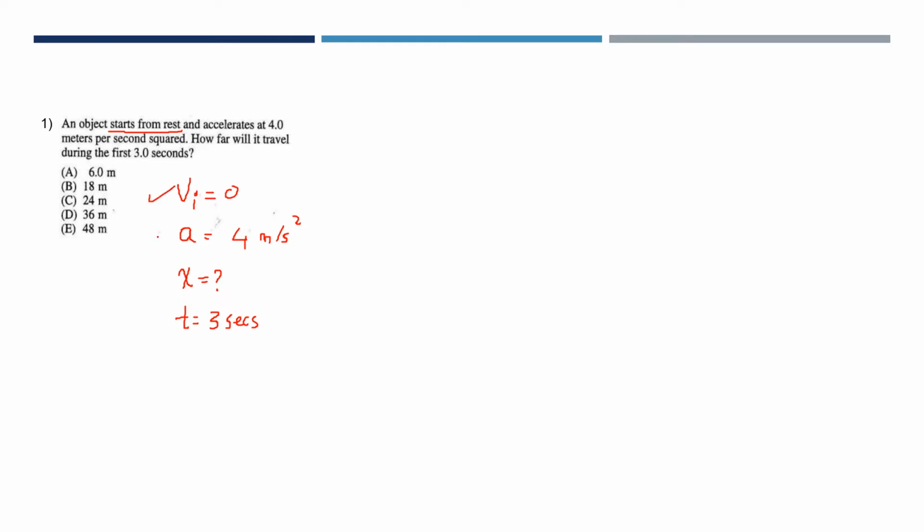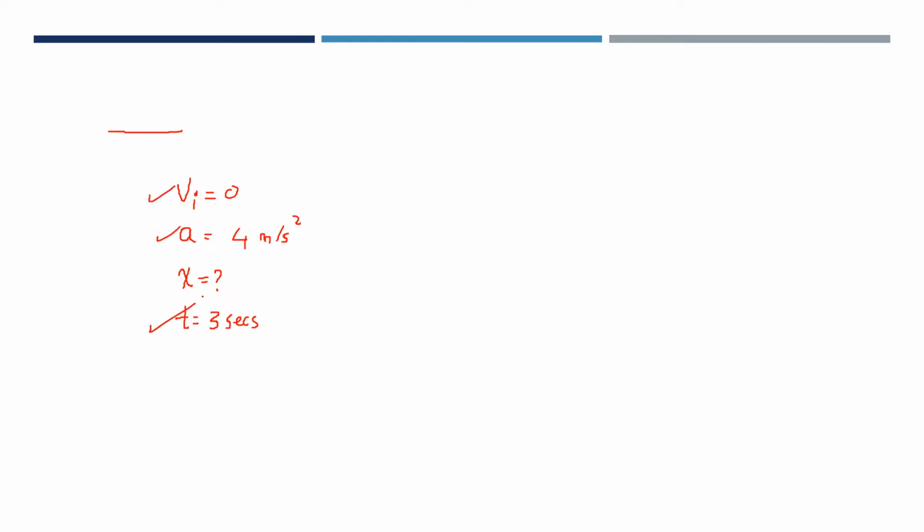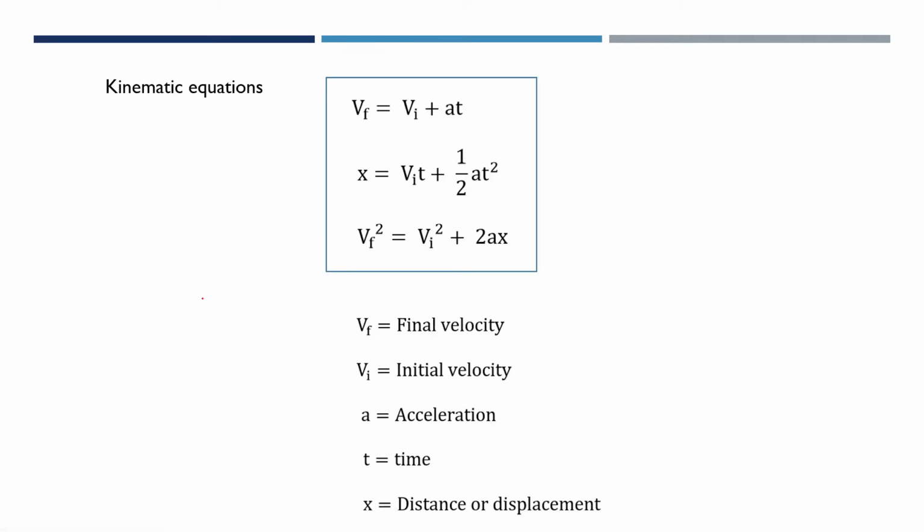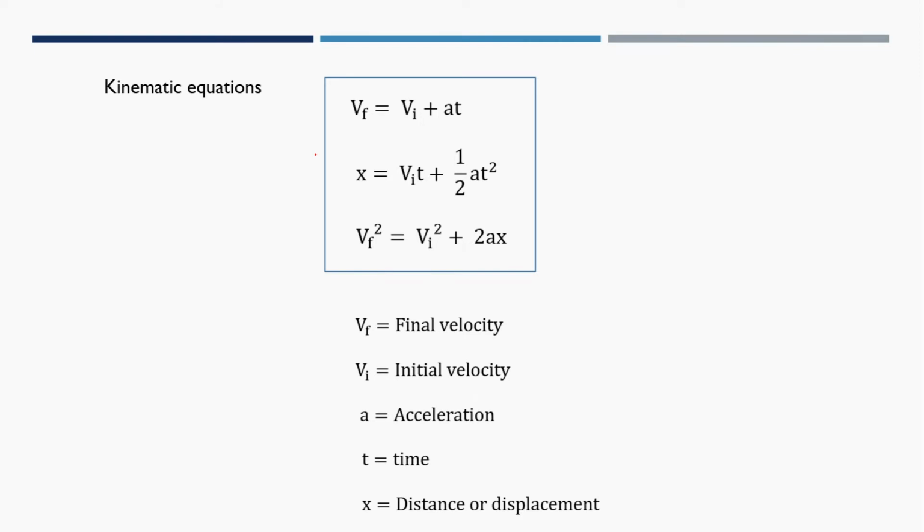Now you have 3 given variables so that you can easily solve the equation. Which equation will we use? Can you figure it out? We need to find the displacement or distance. We have 2 equations that have displacement, but we don't have the final velocity, so we are going to use the second equation.